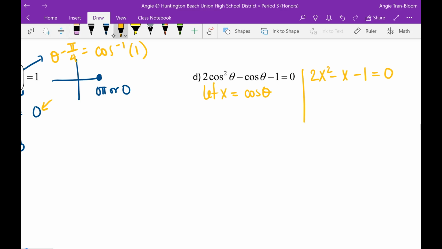Once you have your factors, can you compare before you go on? Because if your factors are wrong, then the whole thing's wrong.